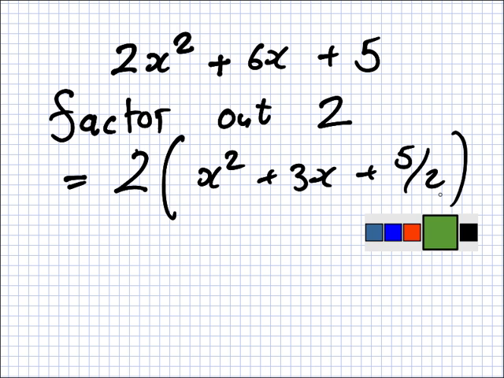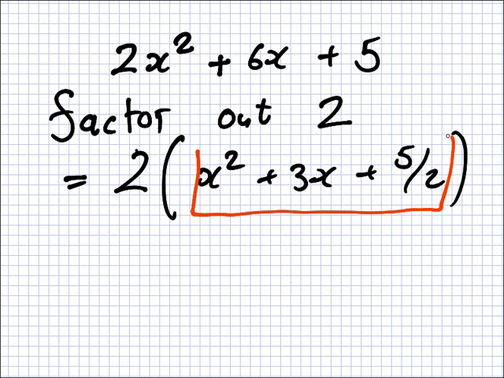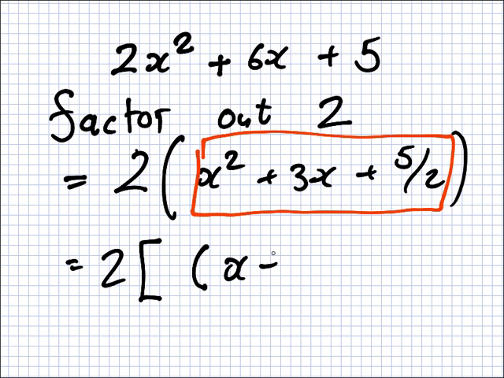Okay. So what we can do is we can just forget about the 2 for the moment and focus our attention on just this part without the 2. And we can do the same procedure. So it's going to be 2 bracket, let me use a different type, bracket x plus 1.5. Yeah, 3 over 2 squared.